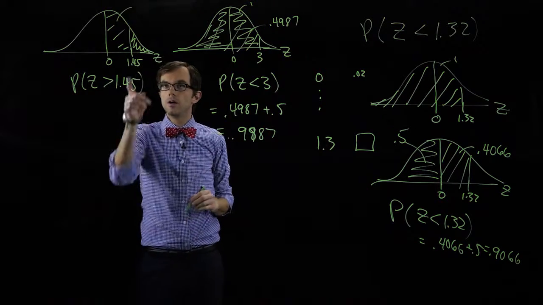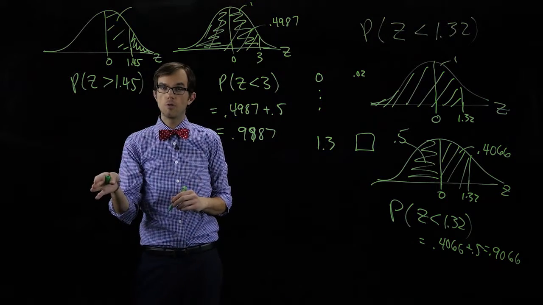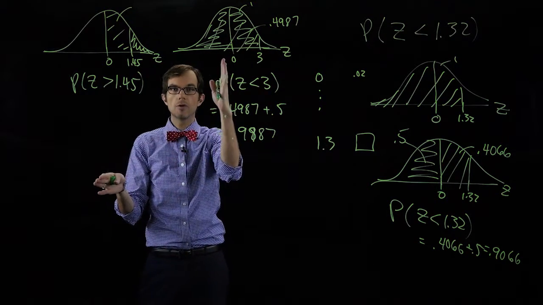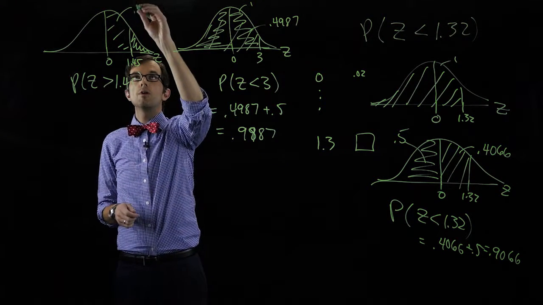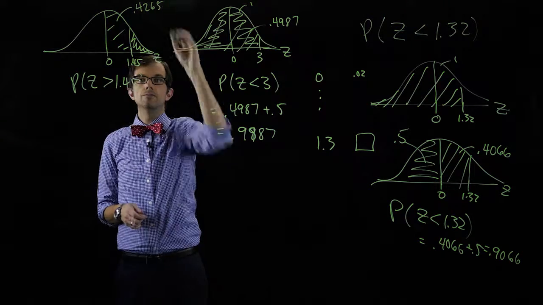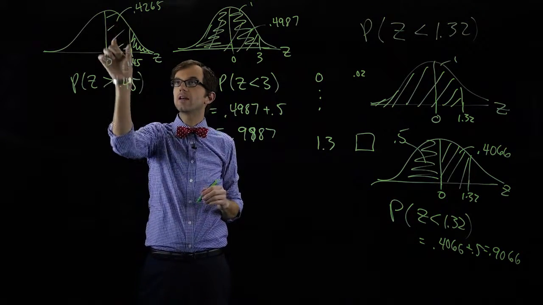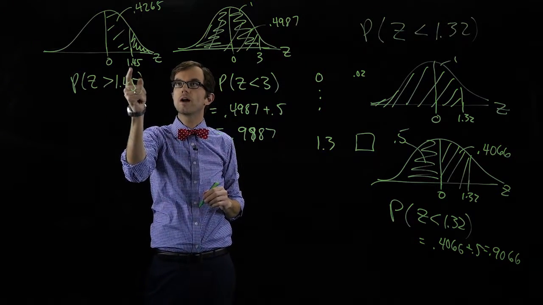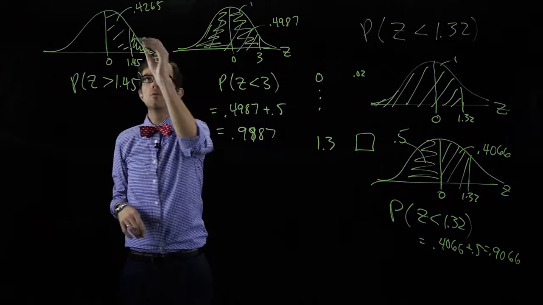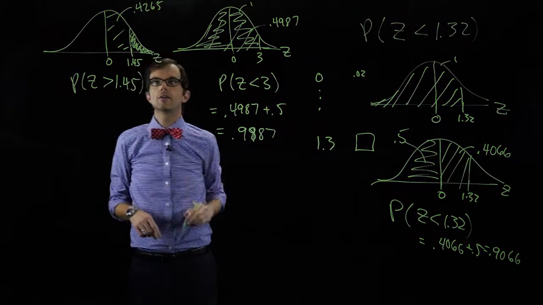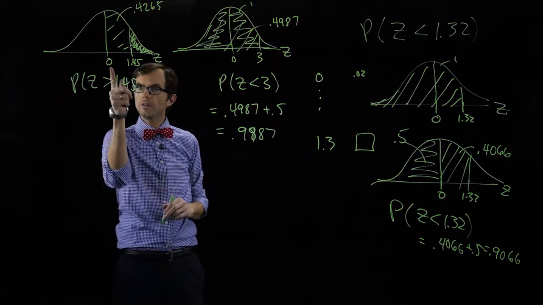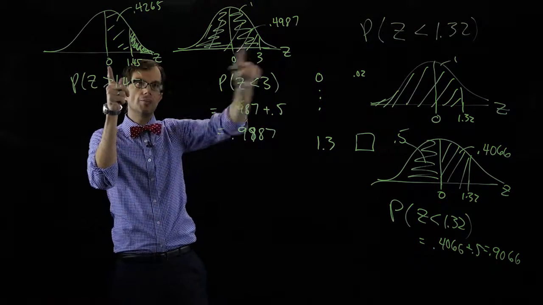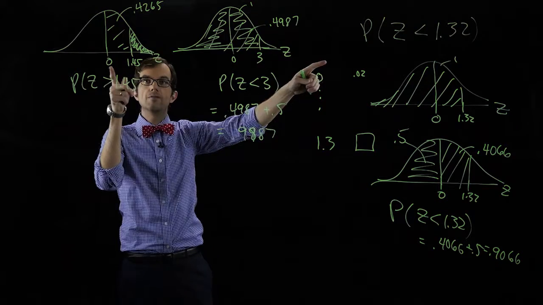If we go look up row 1.4 over to column 0.05, we're going to find the value 0.4265. 0.4265 is that area in between 0 and 1.45. But that's not the area we want. We want the upper tail value, the area above that. We know that the area between 0 and positive infinity is 0.5.